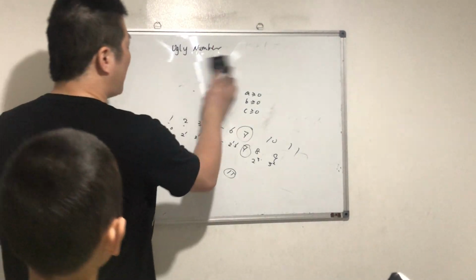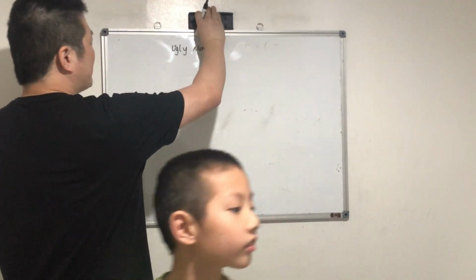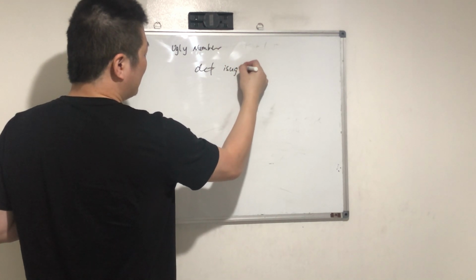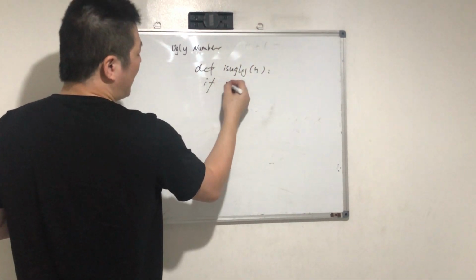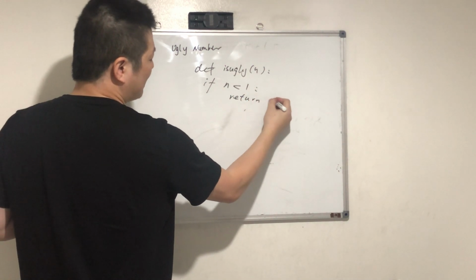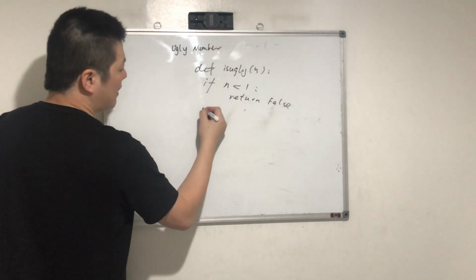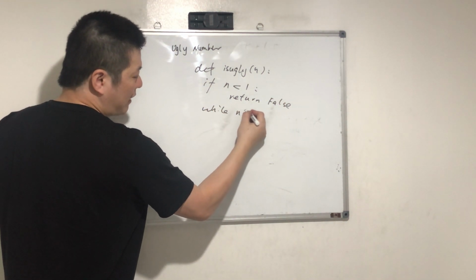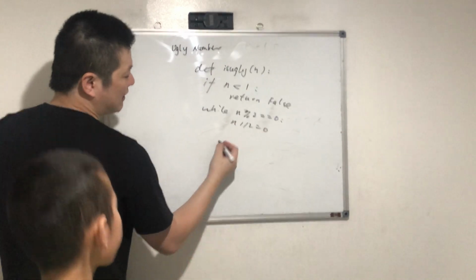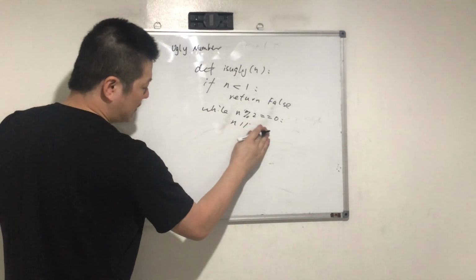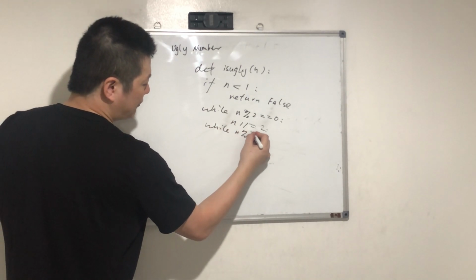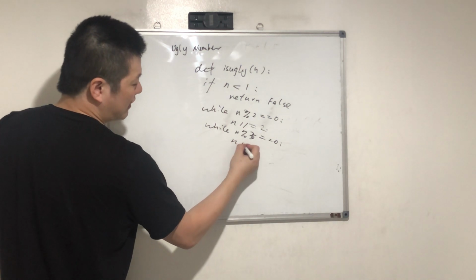Do you still remember how we check if a number is an ugly number? We talked about this before. Given n, if n is smaller than 1, return false. While n can be divided by 2, we repeatedly divide by 2. While n can be divided by 3, we continue dividing by 3.